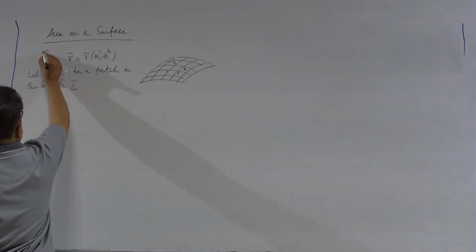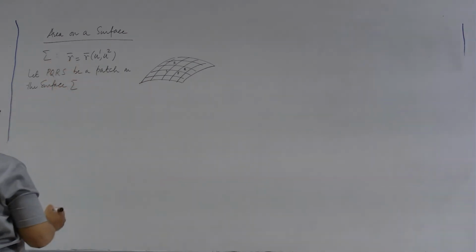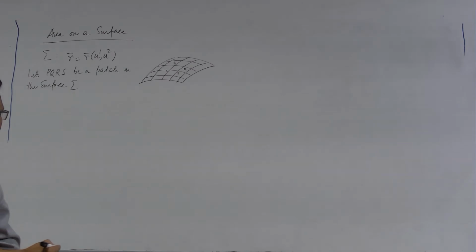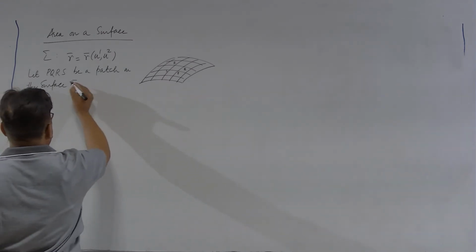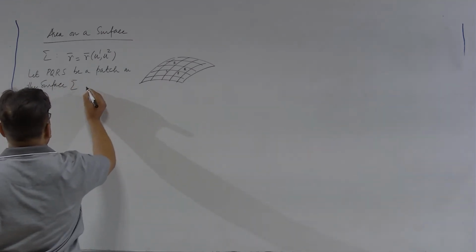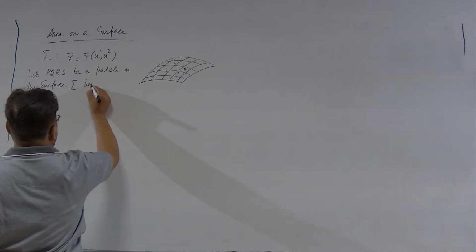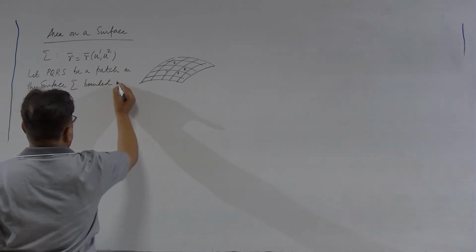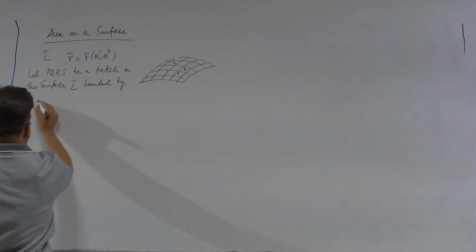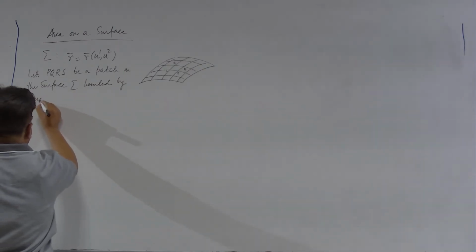This is the surface sigma, and this patch is bounded by parametric curves.